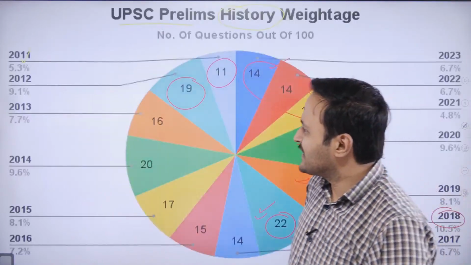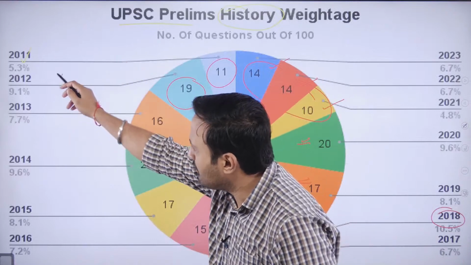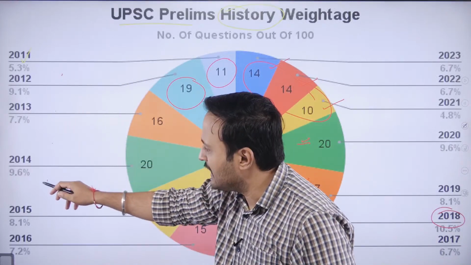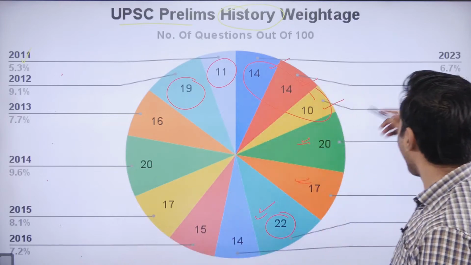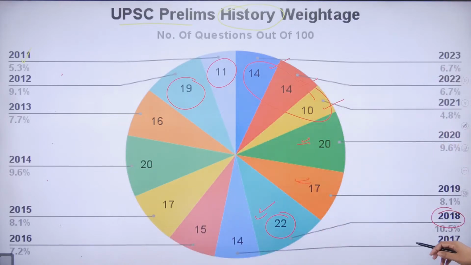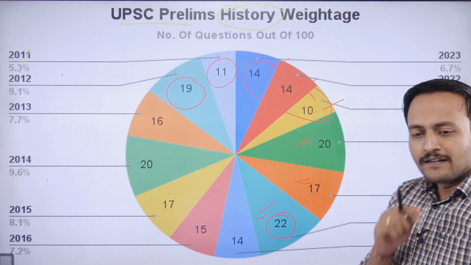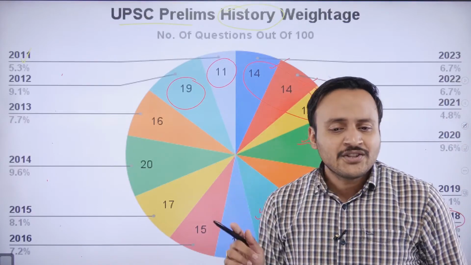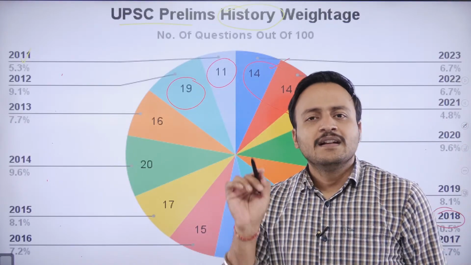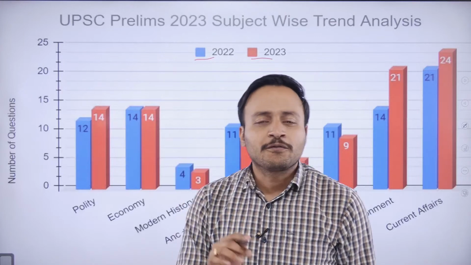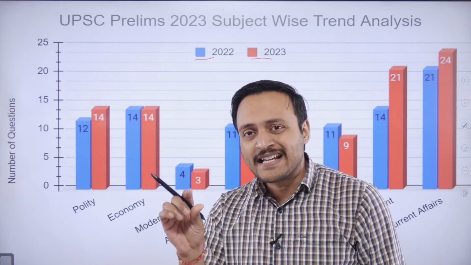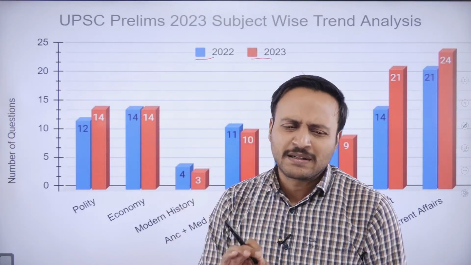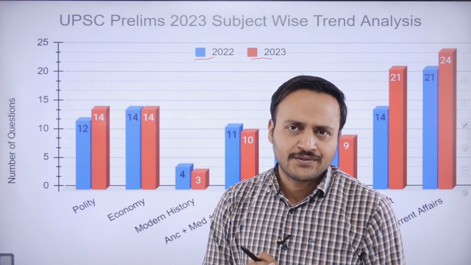We just saw previously that there was an average of 5%, 9%, 7%, 9%, 8%, 7%. Similarly, 6.7%, 10%, 8%, almost 10, then 5, 6, 6. That means in the last 3 to 4 years, the number of questions overall from the subject history has remained around 7% or less than that.